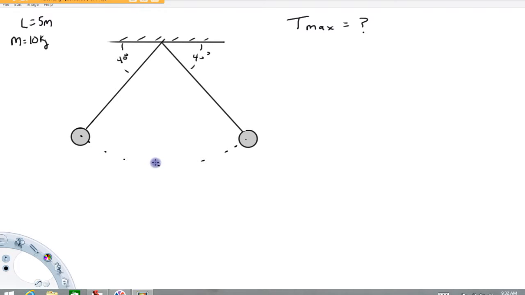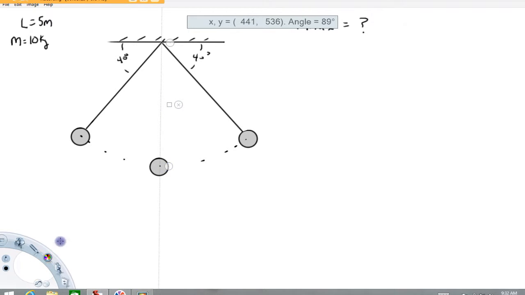So I'm going to draw a free body diagram of that object at this location. I'm going to imagine this object right here. It's important to realize that at that point in time, this object is moving to the right. Now I'm going to draw all the force vectors acting on it at this location.